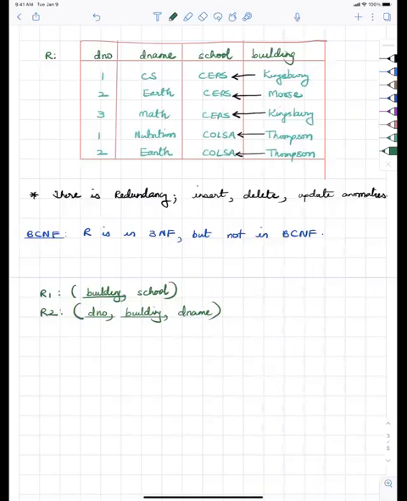But I haven't yet given you the definition of Boyce-Codd normal form, so I will give you the definition right now.